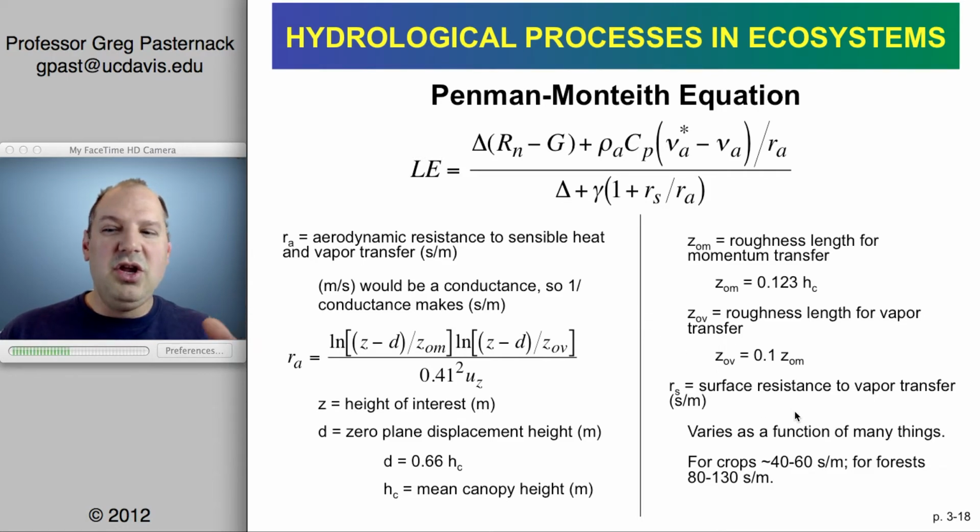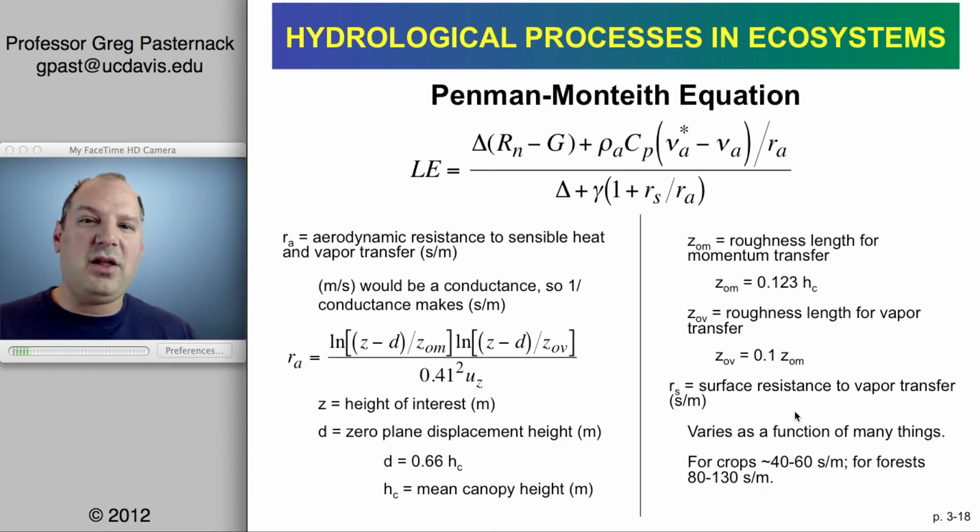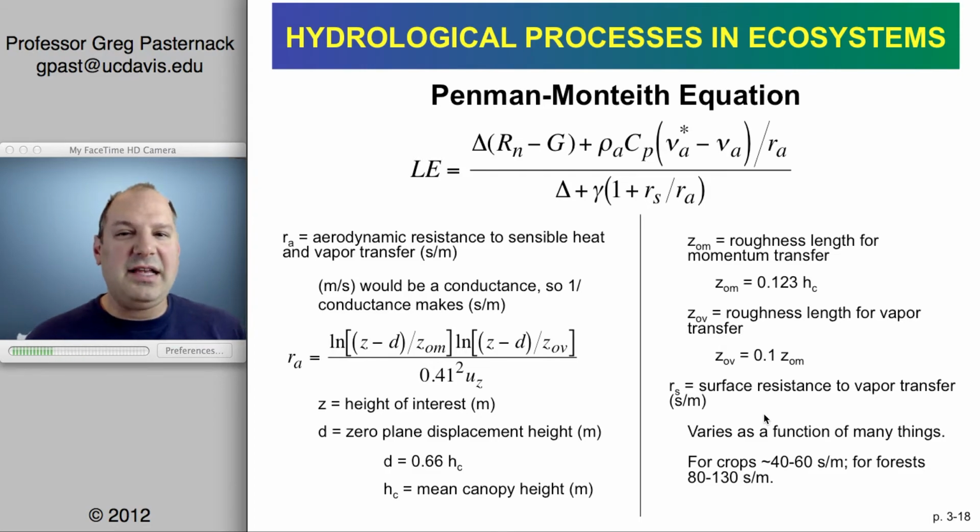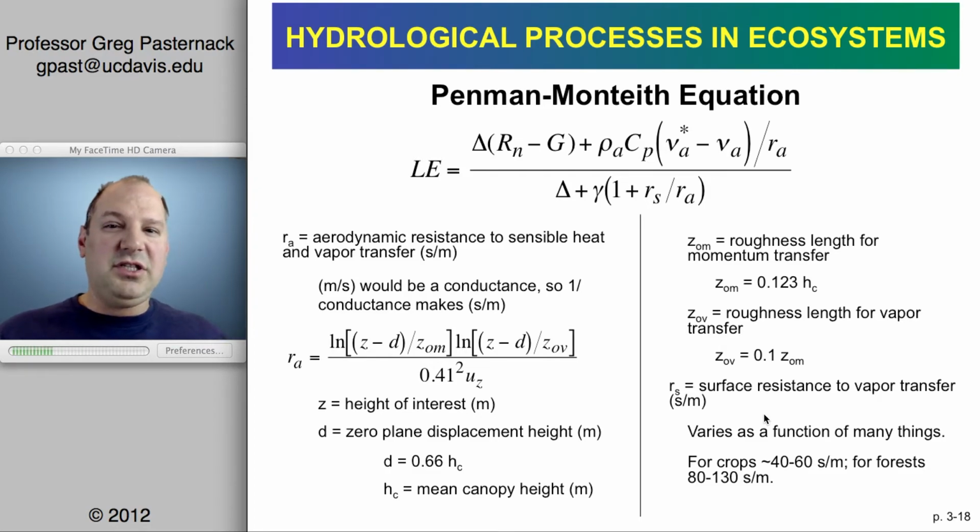And so, the individual leaf has the ability to withhold its water from the air by closing those stomatal guard cells. And so you can imagine that this is going to be a function of many things, and a lot of effort has to go into figuring out for the species of tree or crop that you're interested in what that surface resistance is.